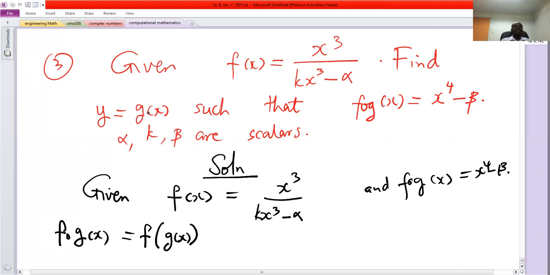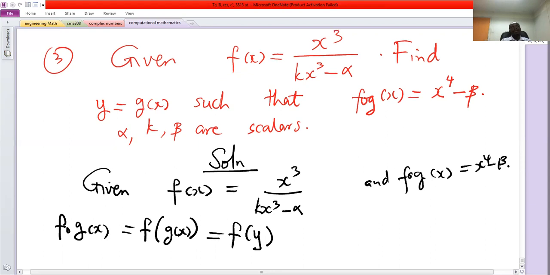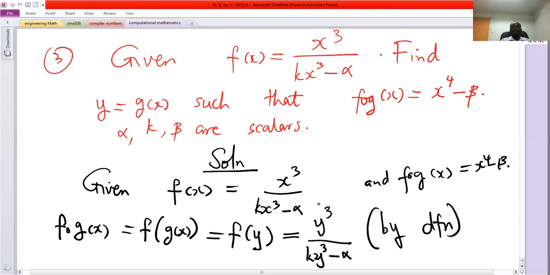You are saying let g of x be y, so we can write the same thing as f of y. Now, if f of x is x cubed over k x cubed minus alpha, then if we give f a y, the formula will take the same structure. Where there's x, we put y; where there's x in the denominator, we put y. This is just by definition: since f of x is given by this formula, f of y must be this.